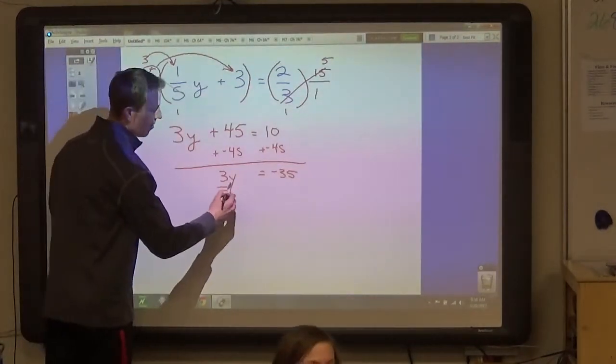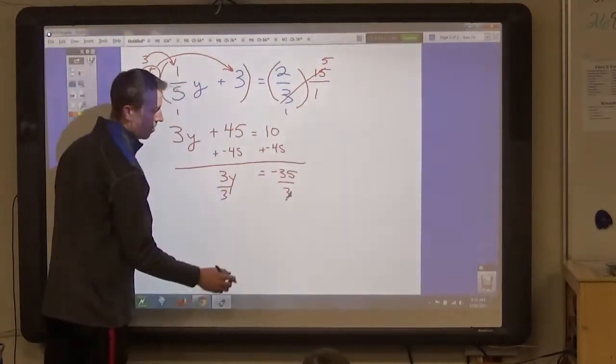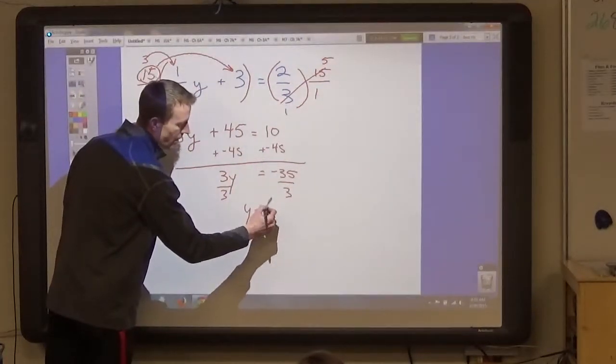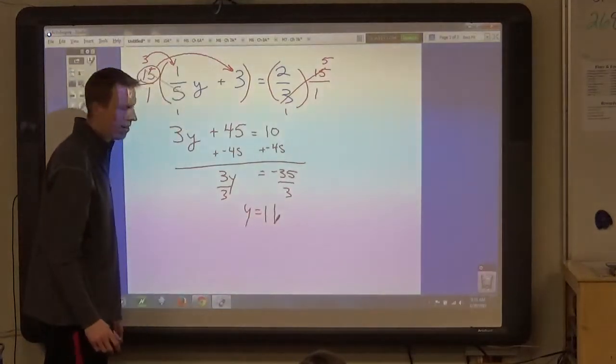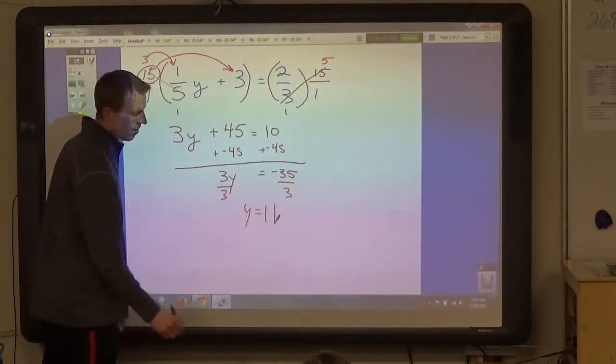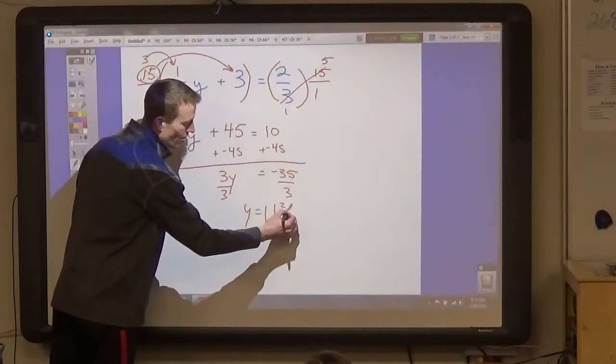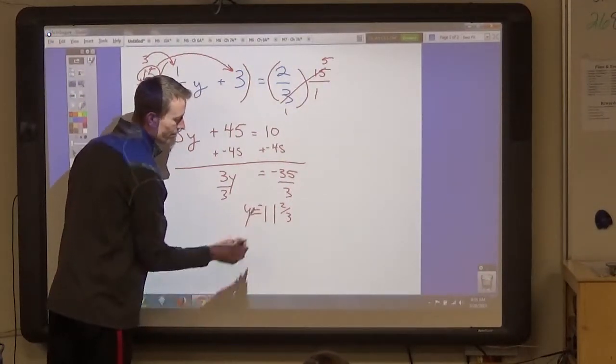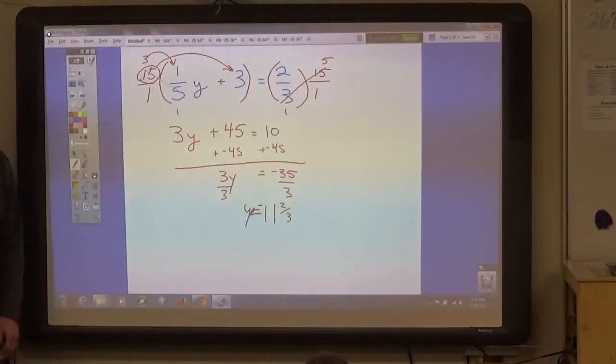And divide by 3. And y equals negative 11 and 2/3, right? Any questions?